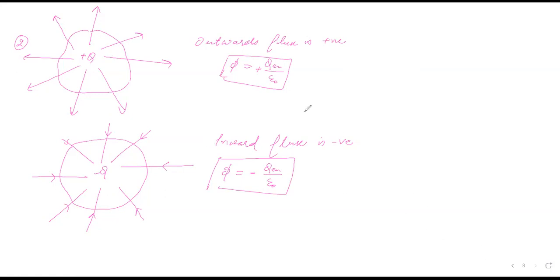Third point. Suppose that you have an area like this, and the field lines are passing through this area 2 times, in such a way. Can you tell me what will be the net flux?